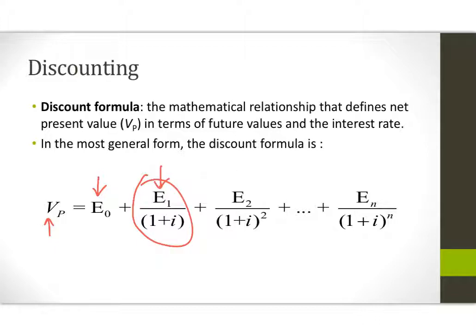And then E2, that's earnings or profit in another year out, and notice that gets discounted a little bit more because it's further out. And then this just continues on until we get all the way to the end here, earnings in period N, and that's discounted by 1 plus the interest rate to the nth power.